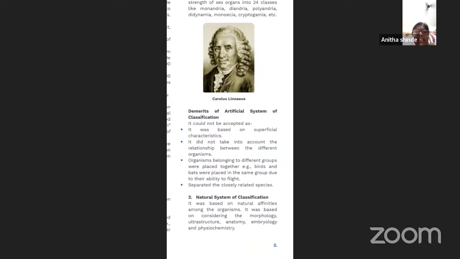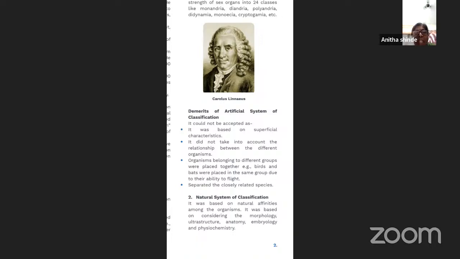Now coming to the next system of classification, that is the natural system of classification. The natural system of classification is based on natural affinities among the organisms. It was based on their morphology, their ultrastructure, their anatomy, their embryology, as well as their physiological chemistry. That is why the natural system of classification stands good to some extent when compared to the artificial system of classification.